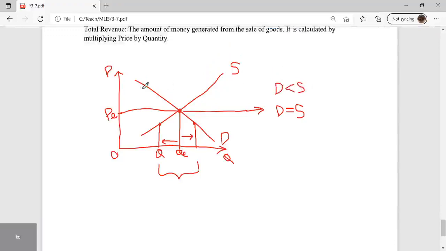So see what's happening at this point. If price is greater, this will lead to excess supply. For some reason maybe the price has increased to P1 from the equilibrium price. It's creating again a disequilibrium.